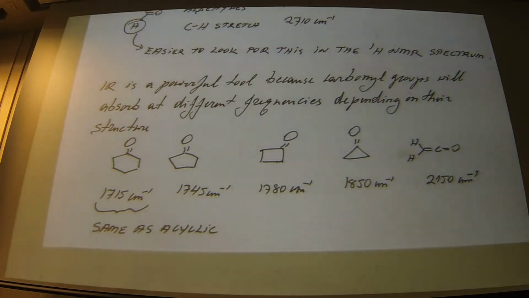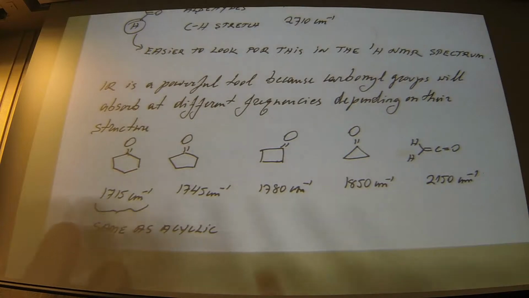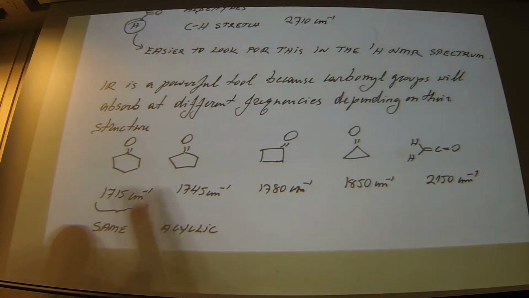This is explained in 2 ways. Your solutions manual, I believe, has a somewhat detailed discussion. But the take home is that you can tell what the ring size is just by looking at the IR stretch. And that gives you an idea of how useful that is.